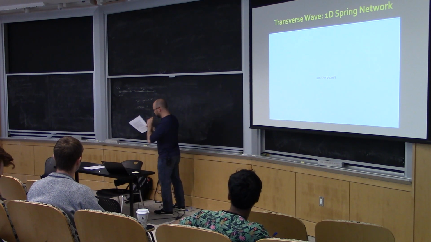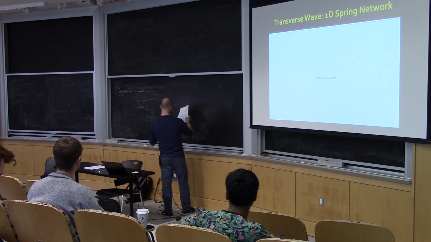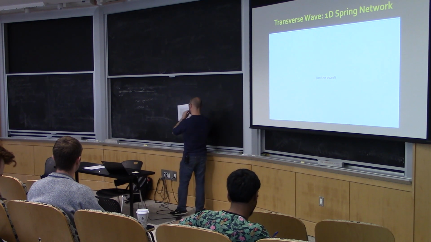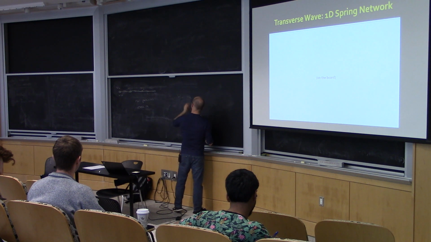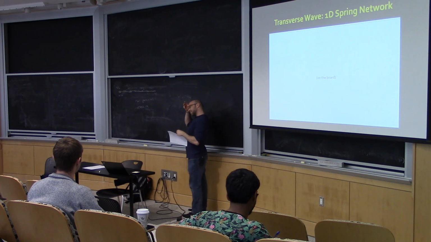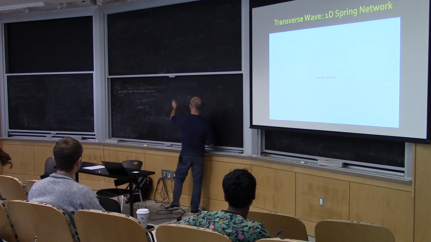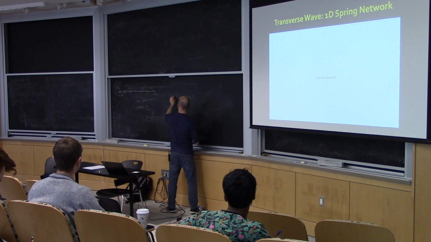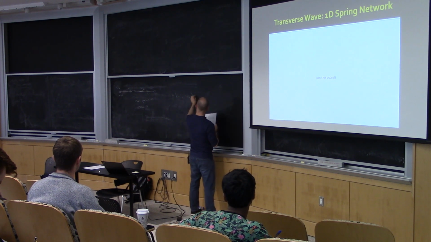Well, there's two different sources, right? One is the spring pointing this way, one's the spring pointing that way, assuming I'm not at the endpoint. So in particular, if you work it out, this is the force involving the guy on the right-hand side, scaled by the spring constant. And similarly, on the left-hand side, I get another force.